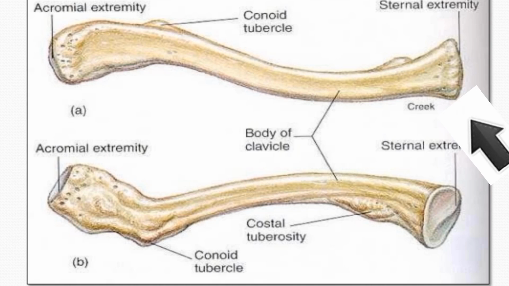When you are coming down from the lateral extremity to the body, there is a projection, a prominent structure called the coracoid tubercle, before the attachment of the muscles.